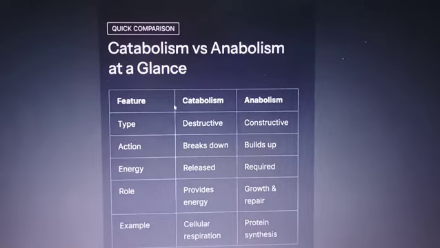Catabolism helps to provide energy for cellular activities, and anabolism is responsible for growth, repair, and storage. One classic example of catabolism is cellular respiration, whereas another classic example of anabolism is protein synthesis.